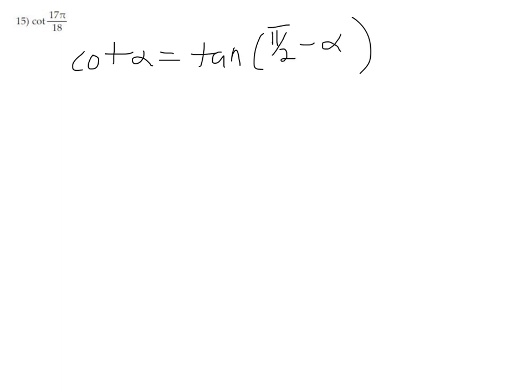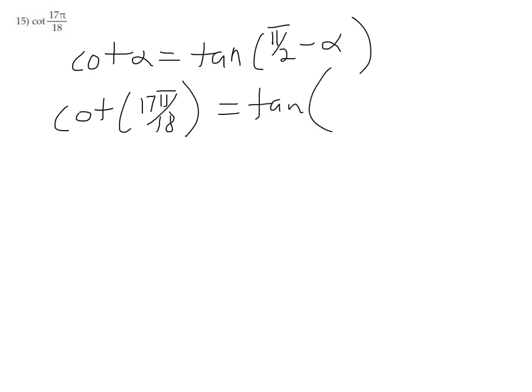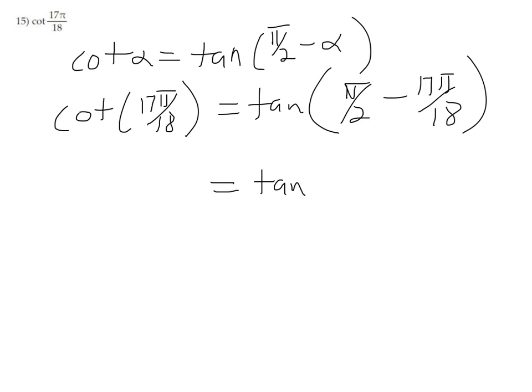So we're going to plug in 17 pi 18ths for alpha, and we get cotangent of 17 pi 18ths equals tangent of pi halves minus 17 pi 18ths, which simplifies to tangent of negative 4 pi ninths.